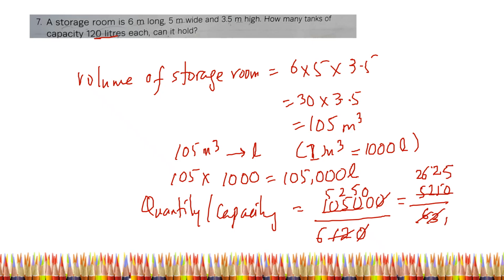Now 3 1s are 3, 3 8s are 24, 3 6s are 18, 3 7s are 21, sorry, and 3 5s are 15. So that means you will get 875. So 875 tanks of capacity 120 liters can it hold.